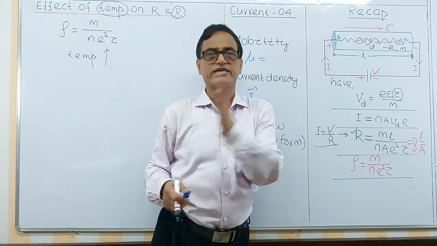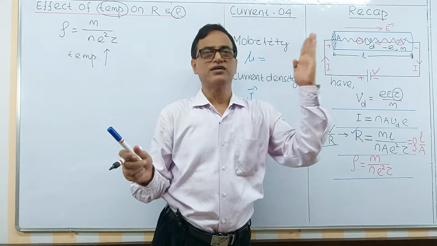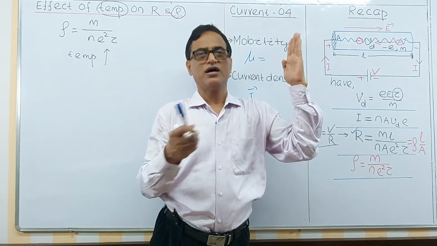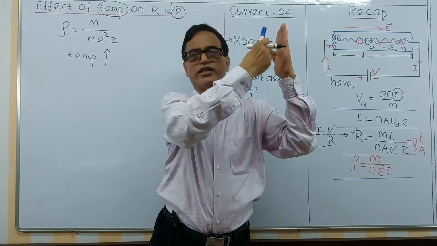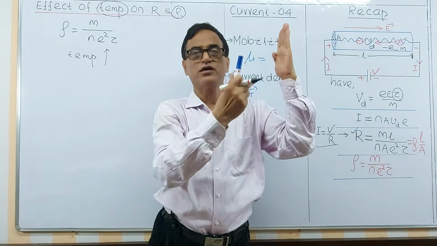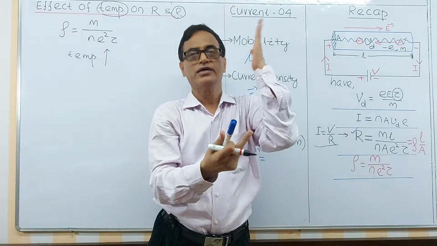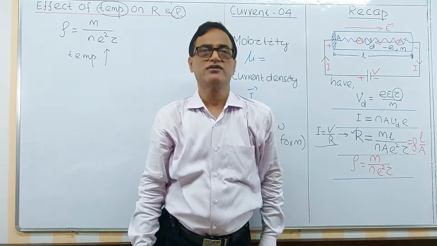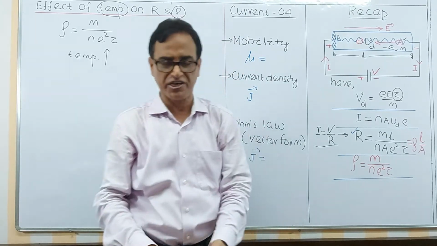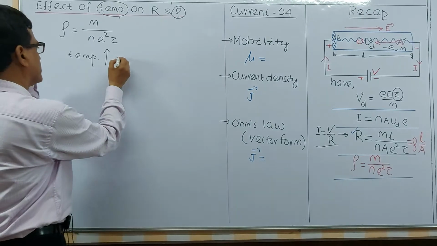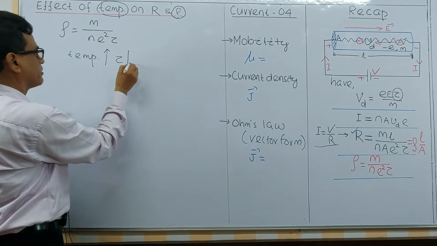The kinetic energy increases and it collides faster. So this is an electron and this is another electron, and this is the distance the electron will move. If we increase the temperature, the kinetic energy increases and it strikes faster. If it strikes faster or quicker, relaxation time decreases. So if temperature increases, relaxation time decreases.